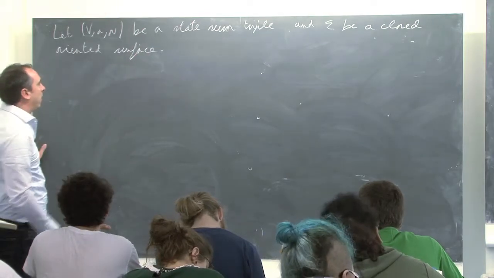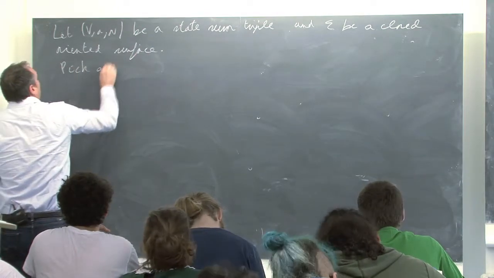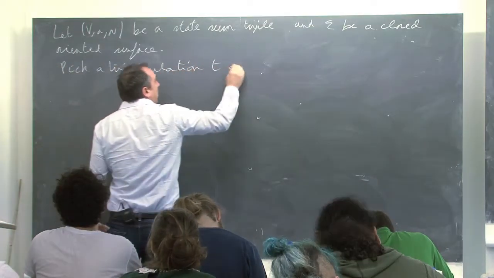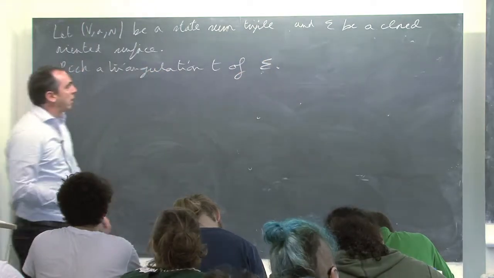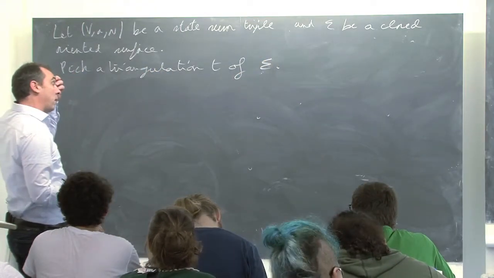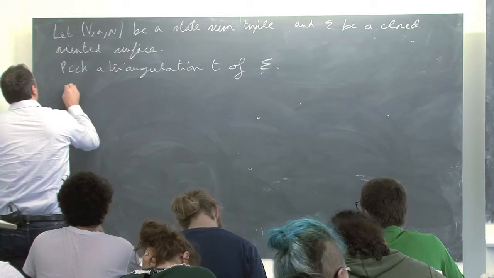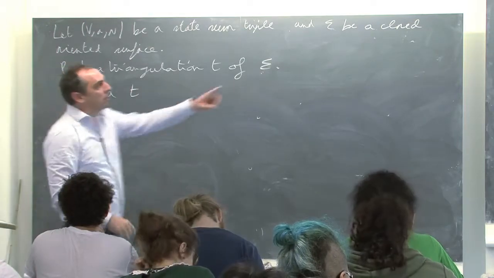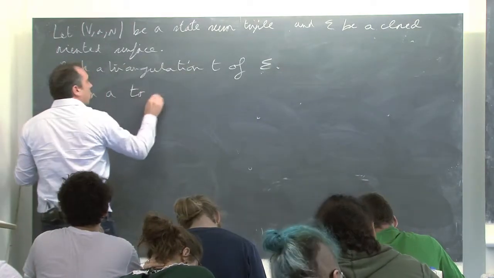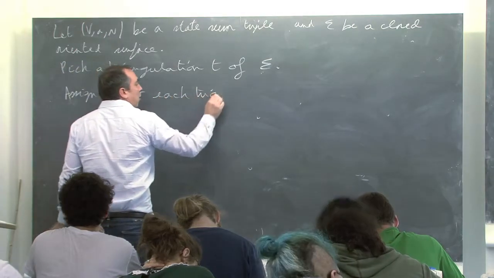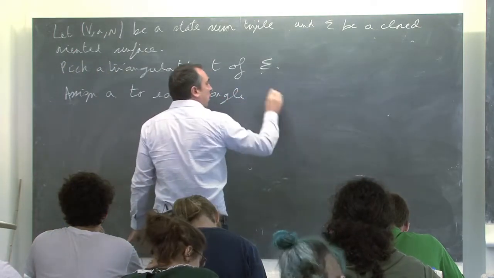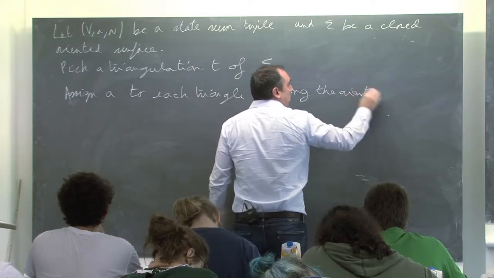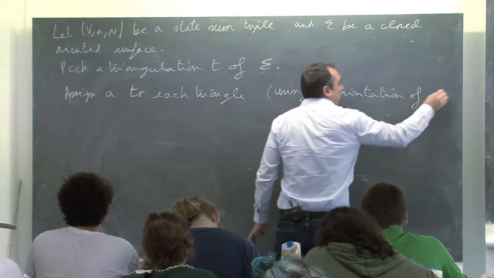Okay. So you pick a triangulation T of Σ. So what do you do now? You do as before. To each triangle, you assign a copy of the element A, using the orientation of the surface, of course.